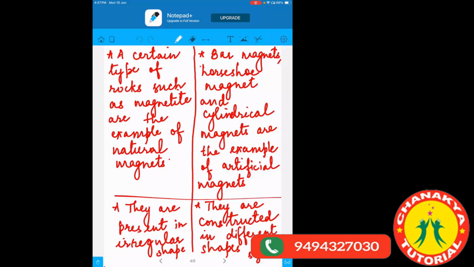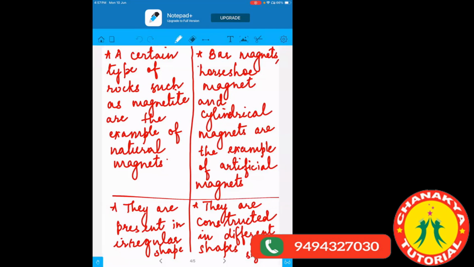Done this page? Done, mom. Mom, at the last point.